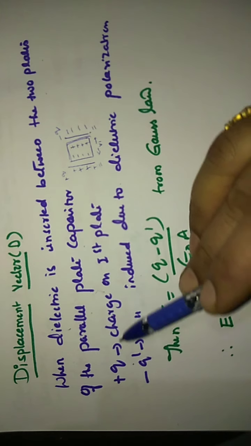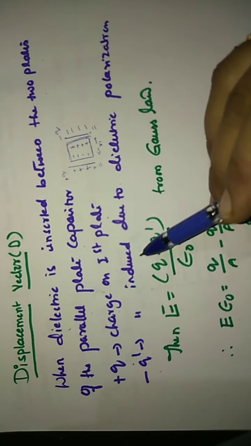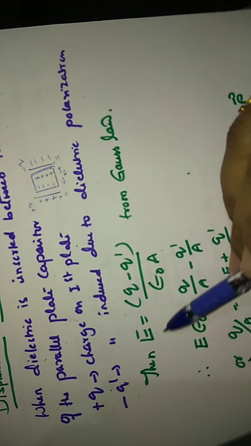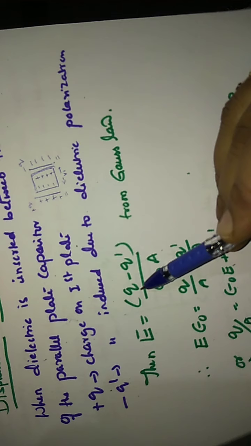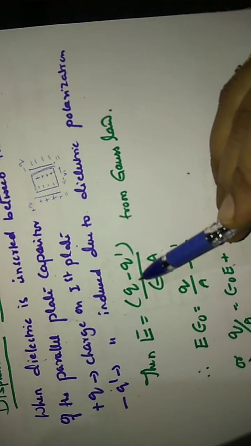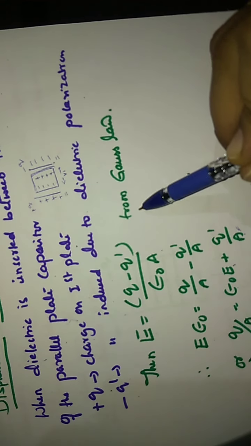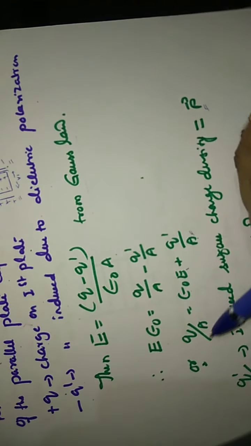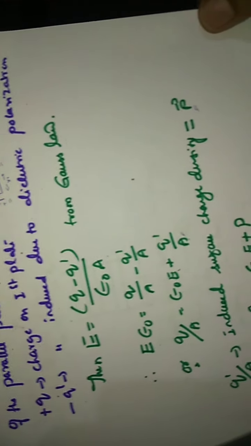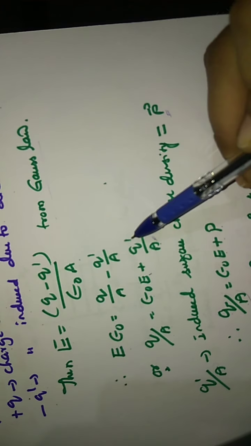Now if plus Q is the charge on the first plate, and minus Q dash is the charge induced due to the dielectric polarization, then from Gauss law we can write the electric field E is equal to Q minus Q dash, which is the net charge on the first plate, divided by epsilon naught into A. This leads to E into epsilon naught is equal to Q by A minus Q dash by A, that is, Q by A is equal to epsilon naught E plus Q dash by A.